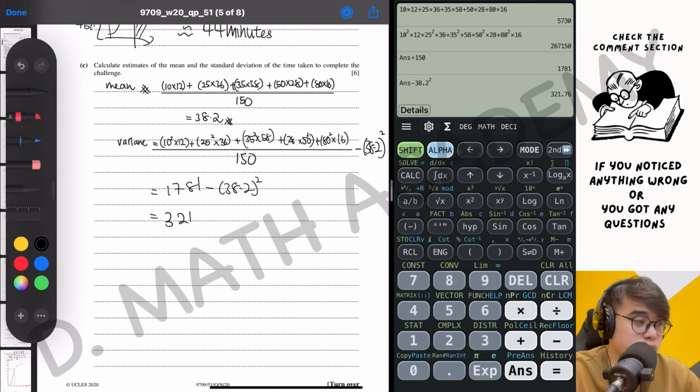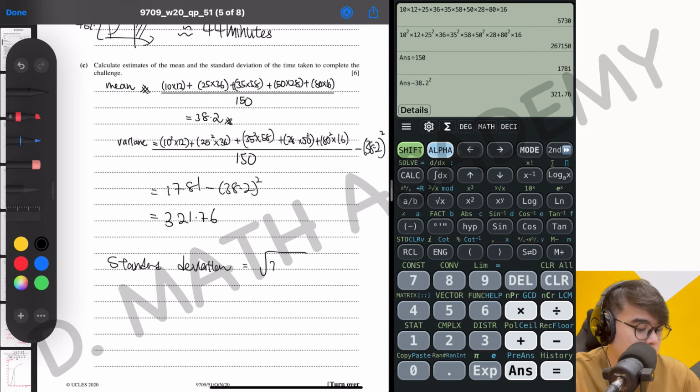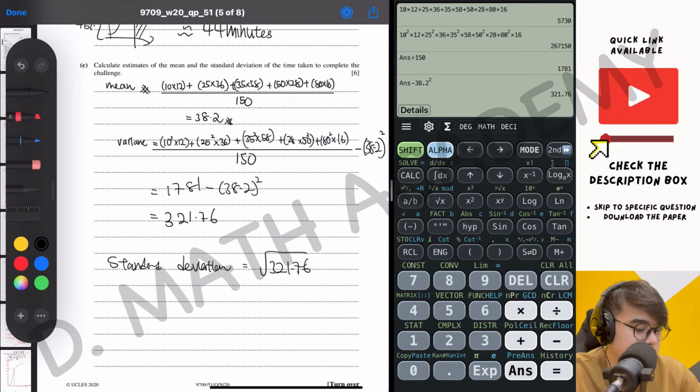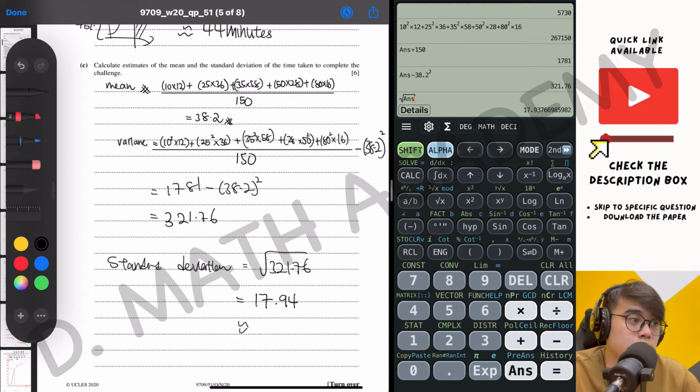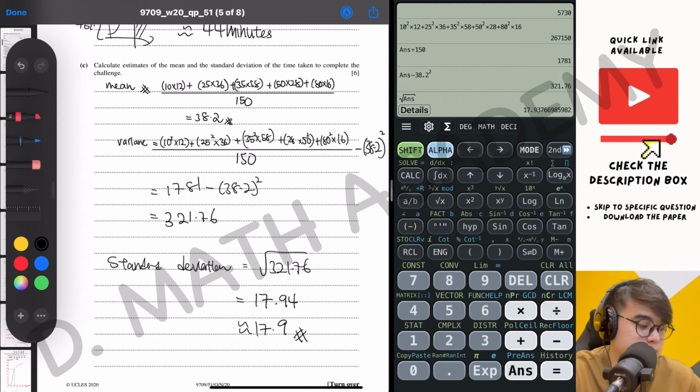So you actually get 321.76. And then to get your standard deviation, you have to square root the result. Then you will get 17.94, or 17.9 as your final standard deviation.